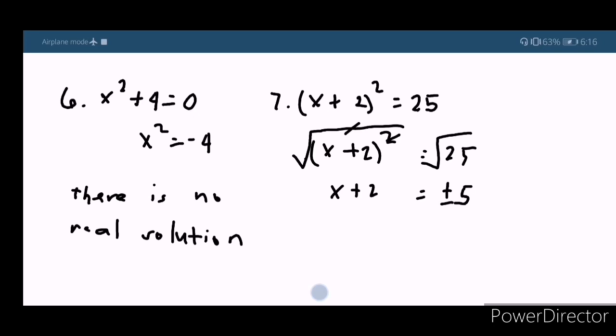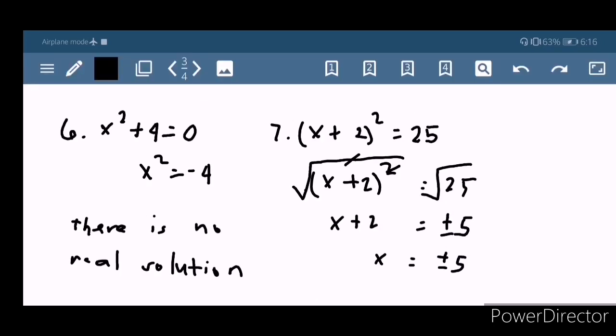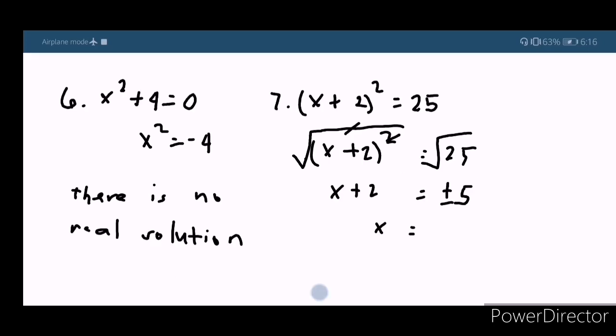Next, we are going to transpose 2. So, we'll have x equals positive or negative 5. Ay, sorry. Baliktarin natin para mas madali. Ayan. So, x equal to, lipat natin si 2, magiging negative 2, positive or negative 5.